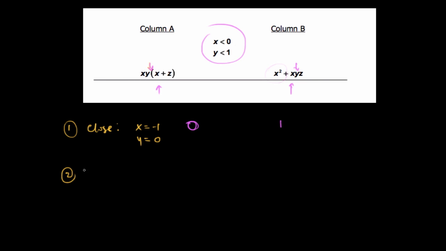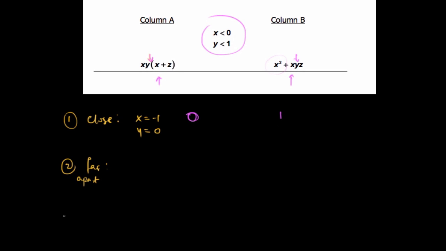Now for the next choice, we choose sets of numbers such that they are far apart from each other. So how then do you know how to choose this one? What I'm going to do again is retain my y equals 0.